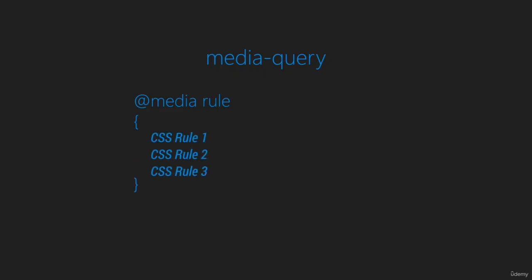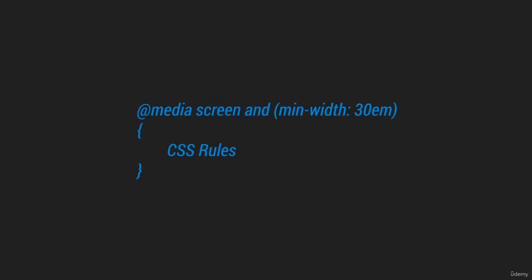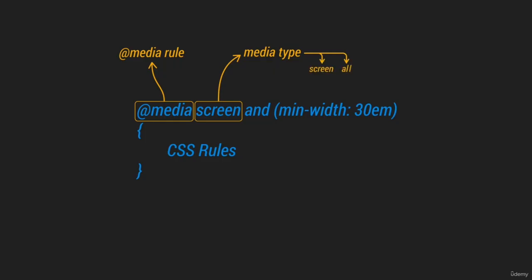So for defining a media query, you'll have to give the @media rule in which you can add the CSS code for a certain condition. So let's take a look at the media query syntax. To specify any media query, we first declare the @media rule, then we give the media type, that is screen, all, print, and speech. These are the 4 types of media which are most commonly used.